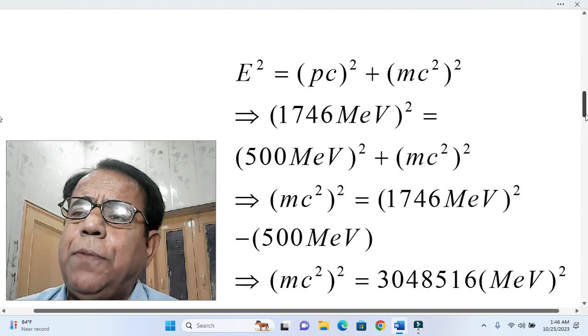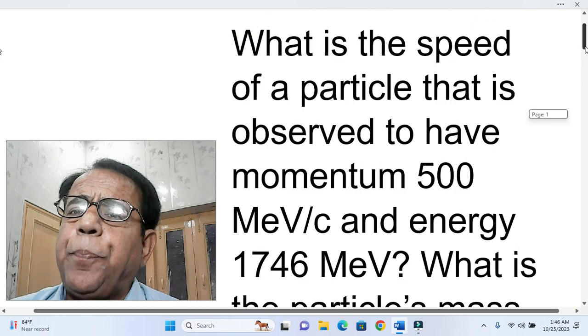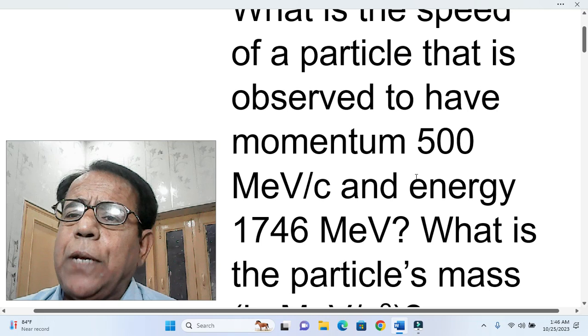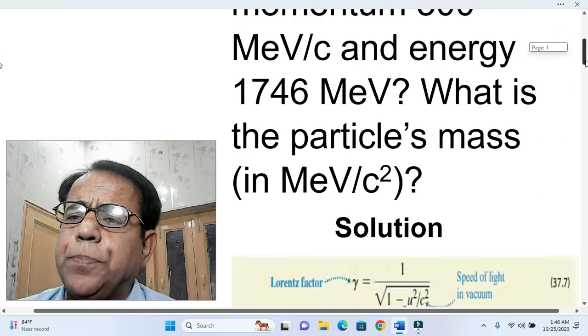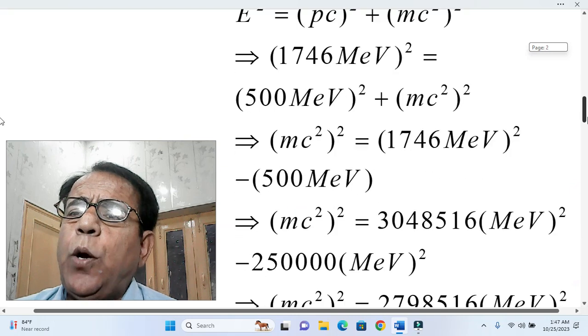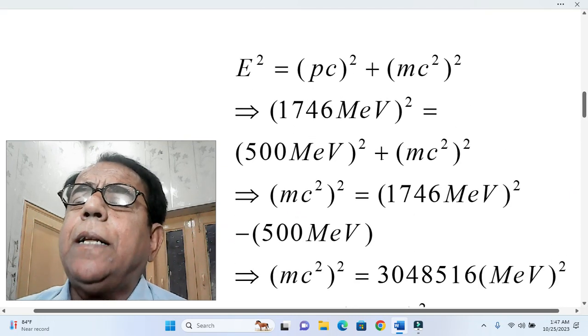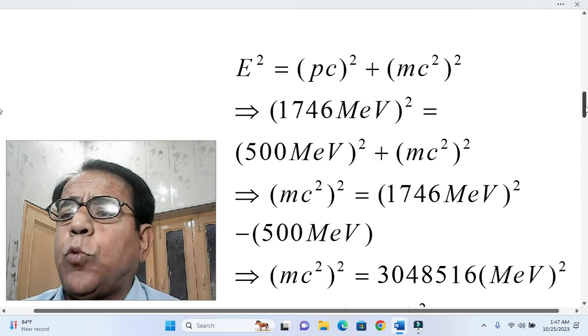Once again we move to the statement: momentum 500 million electron volt over c, and energy 1746 million electron volt. So in this equation we have just put two values, and the third value will be calculated in this way.